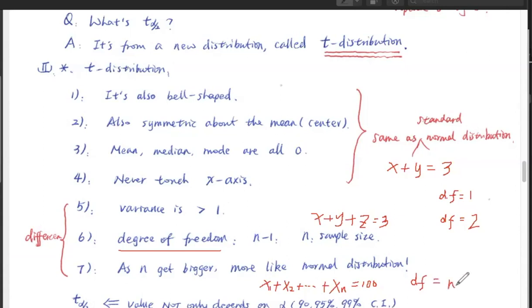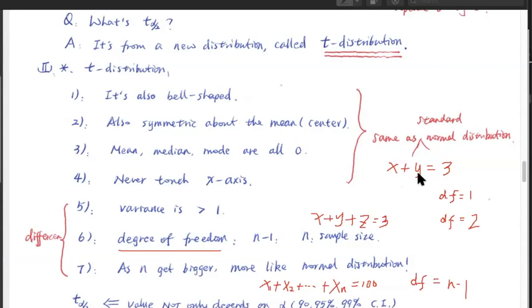N minus 1. Let me see, anybody have questions? Oh, no. N minus 1. The degree of freedom here is n minus 1 because we always minus 1, right? Remember? Right. Here, when you have 3 variables, degree of freedom is 3 minus 1, which is 2, right?